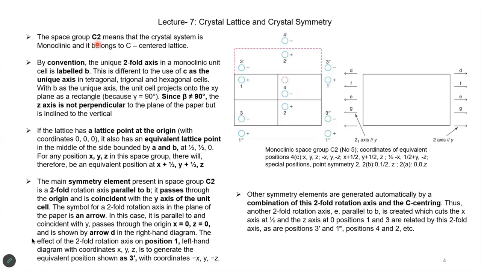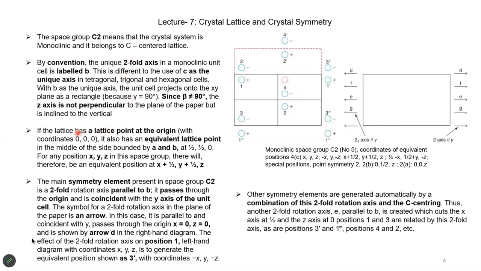When we have a space group, we do not take the lattice type; if we take only the rotational axis, then it becomes the point group. In this space group, the point group is 2, and point group 2 means it's a monoclinic system. So from the space group, we can immediately find out which crystal system it is, and we do not have any confusion here.